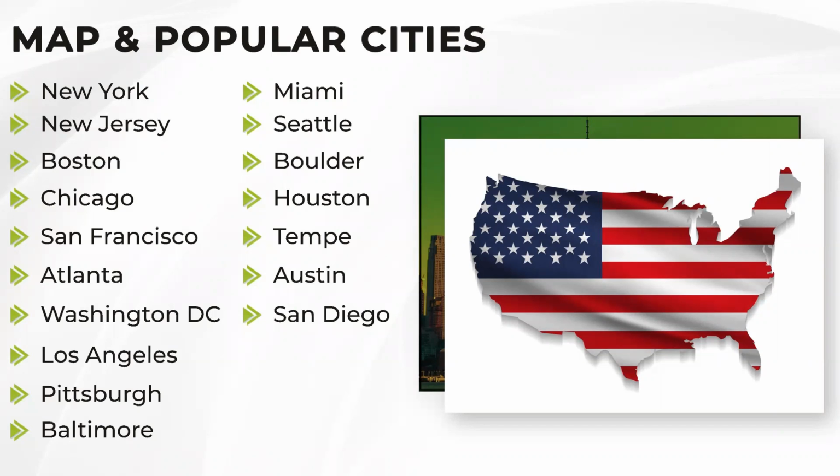The place where you choose to study also depends upon your budget. For example, if you have a higher budget, you can choose cities like New York, New Jersey, Boston. But if you have a relatively lower budget, you can choose Ohio or Texas. In terms of the difference, in New York, New Jersey, the living expense can go up to $15,000 to $20,000 a year, while in places like Ohio, Texas, it can go up to $10,000 to $12,000 a year.